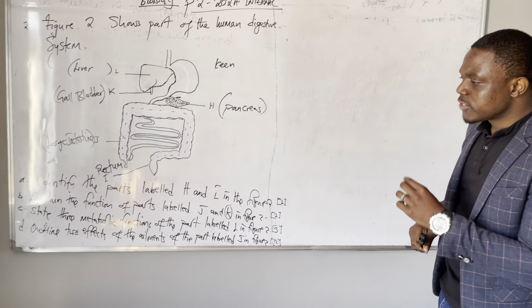Then number two, we can pick detoxification. It comes from the term toxic substances. So the liver detoxifies things, meaning that it makes them less harmful.